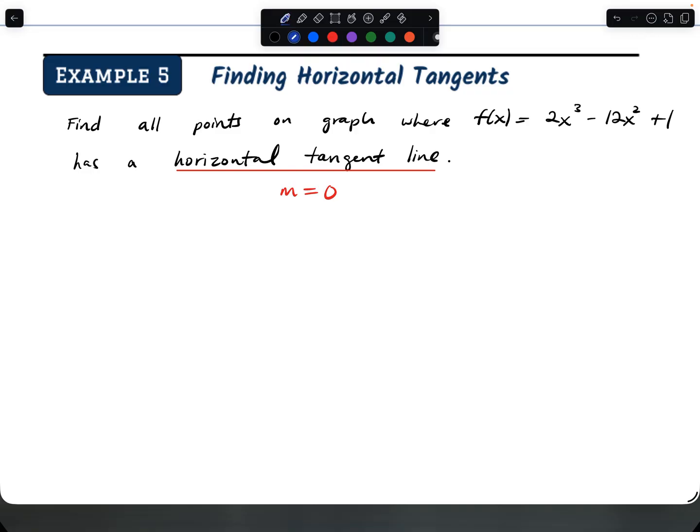So first step is always going to be take the derivative for these type of problems. So f prime of x is equal to, this is just a polynomial, so just power rule. So the derivative is going to be 6x squared minus 24x. And just remember that the derivative of a constant is just 0. So what I'm going to do is set my derivative equal to 0.